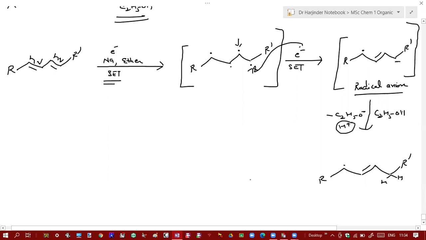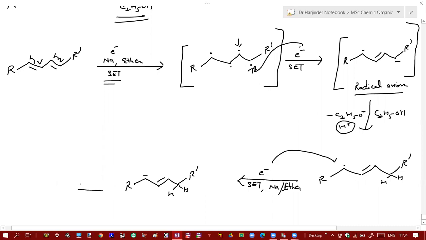Then in the next step, again electron transfer will take place from the metal, and it will become an anion. In this way it becomes an allyl carbanion, and finally it will take H plus ion from ethanol, that is your proton source, and it will give rise to the final reduced product.